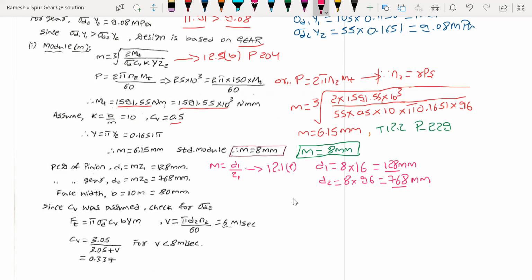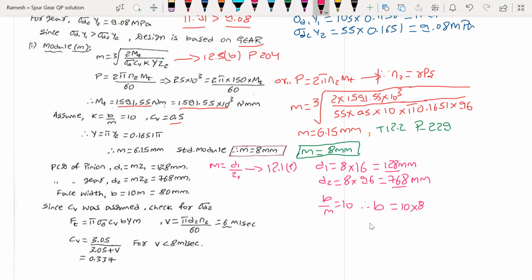Next, here you can see that we assumed k is equal to b by m. That is, k is nothing but b by m, which is given in the 12.5b equation. I have assumed it as 10. Therefore, b by m is equal to 10. Therefore, b is nothing but 10 into module. Take this to the right hand side. Module is 8.